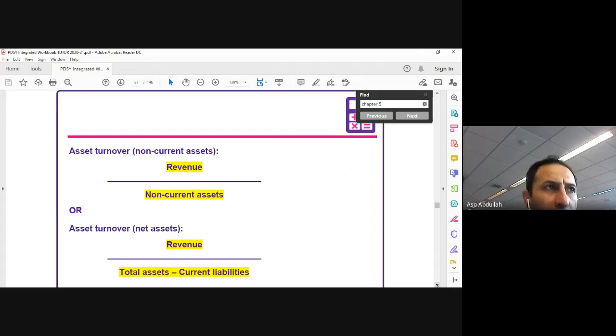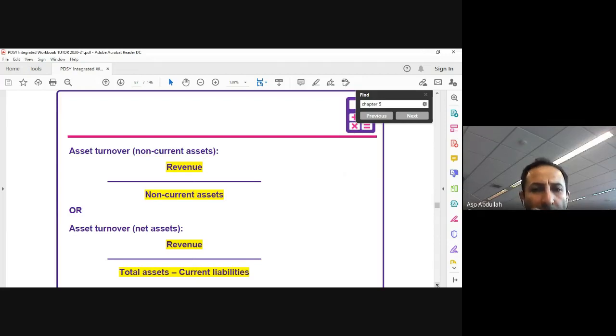Probably you can say we can sell this machine and invest £2 million in a new project or new machine. That's the sort of decision you must make in the future as an accountant. So you need to understand how much your non-current assets make a contribution toward your revenue.